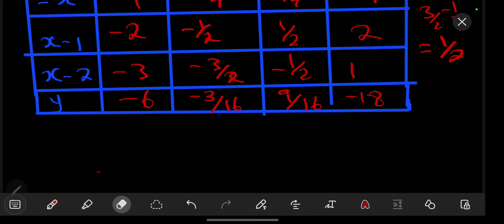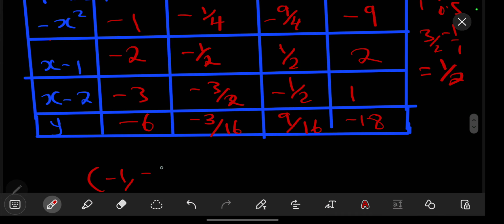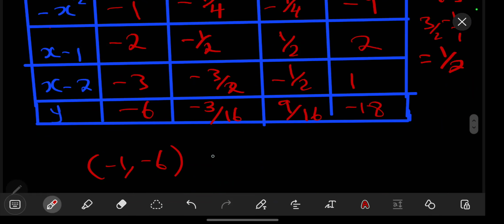So therefore, with these, let's identify them. So this -6, we used a -1, so it's (1, -6). Then this one, half, we used, a -3/16.